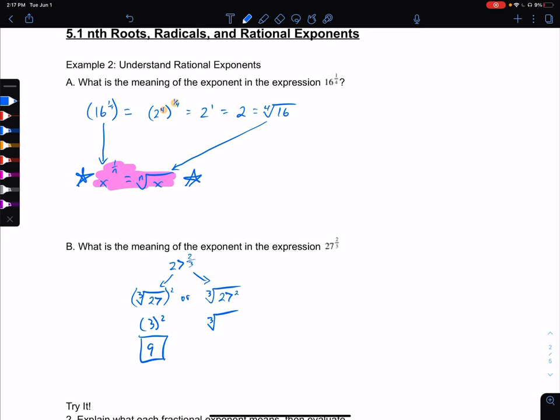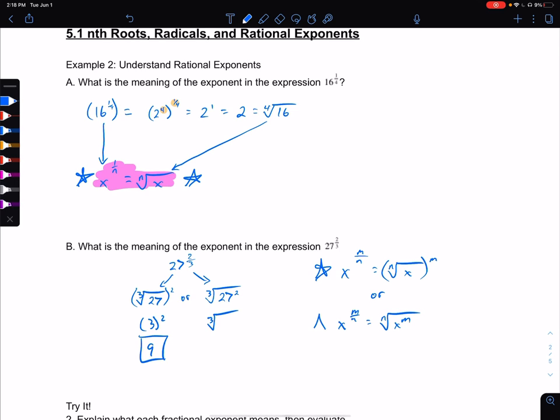So what this shows is, let's say m and n. I can rewrite x raised to the m/n power as the nth root of x raised to the m power. Either one of these works.